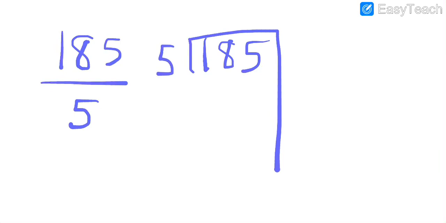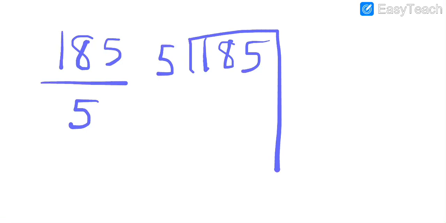Now, we have to say to ourselves, how can we get close to 185? If you just think off the top of your head, 5 times 10, 5 facts, is 50. That's going to take us a while to get there, right?